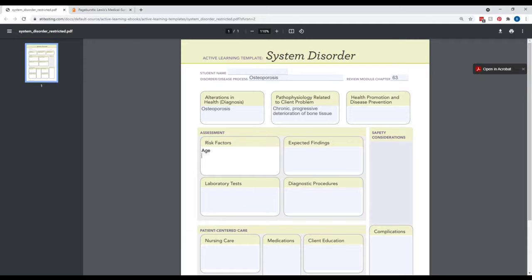What about gender? Menopause? Women are going to be at a higher risk than men.